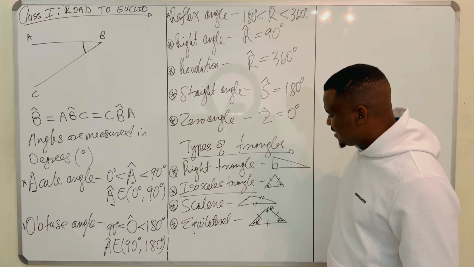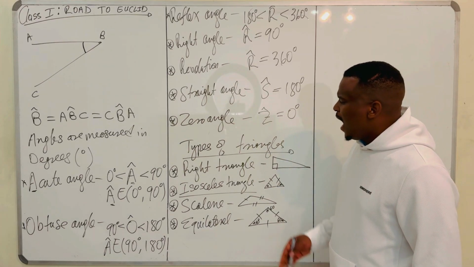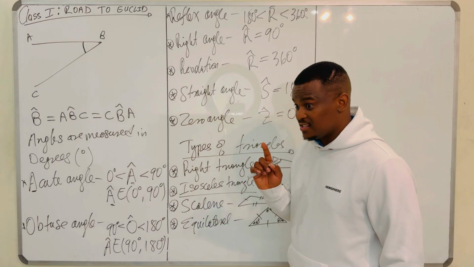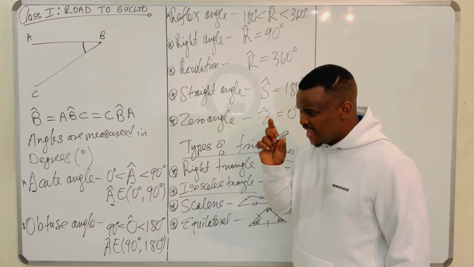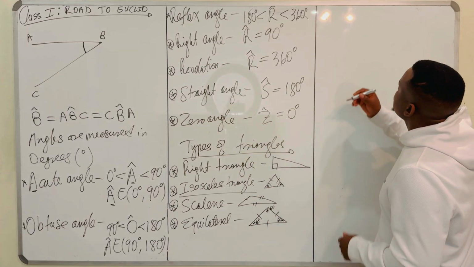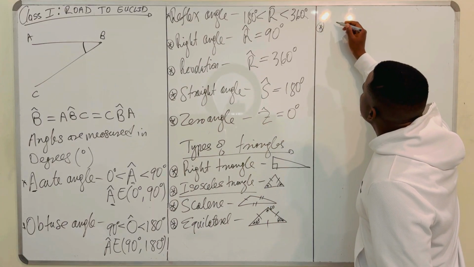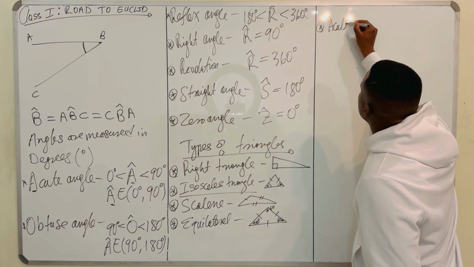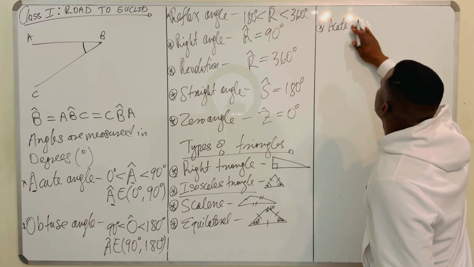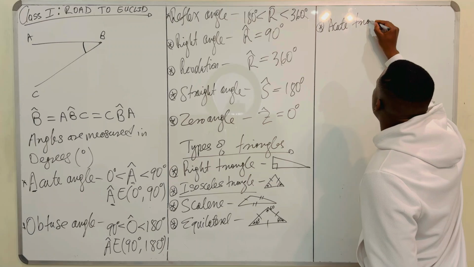So in that case, I want to name some triangles according to the angles that they have. For example, we can have an acute triangle. What do you think an acute triangle is?